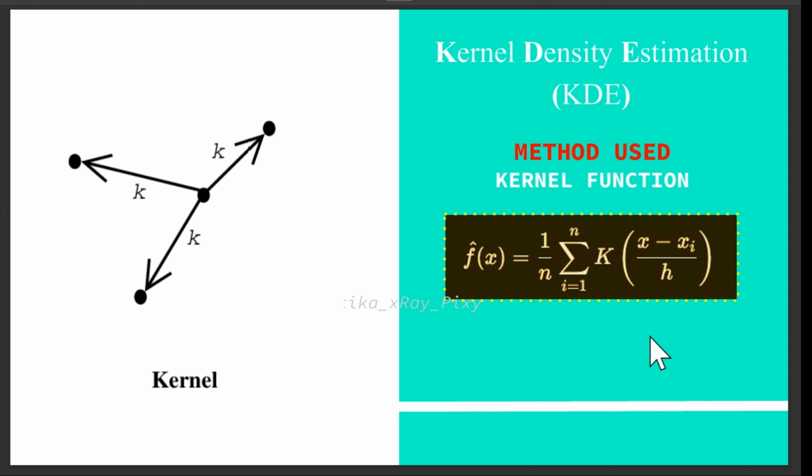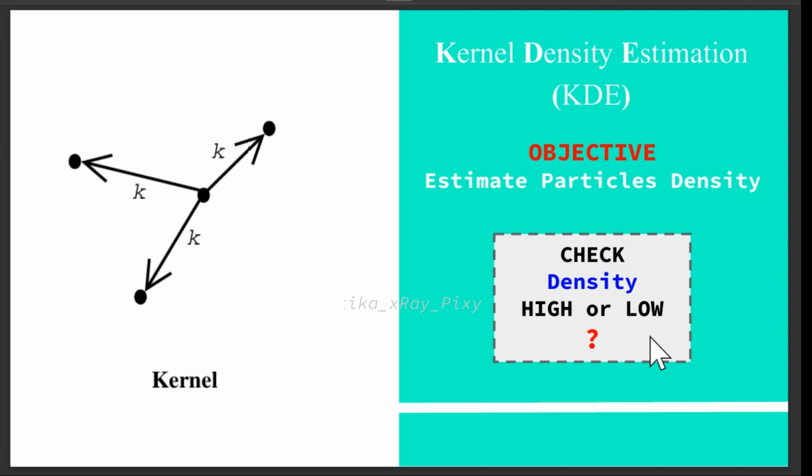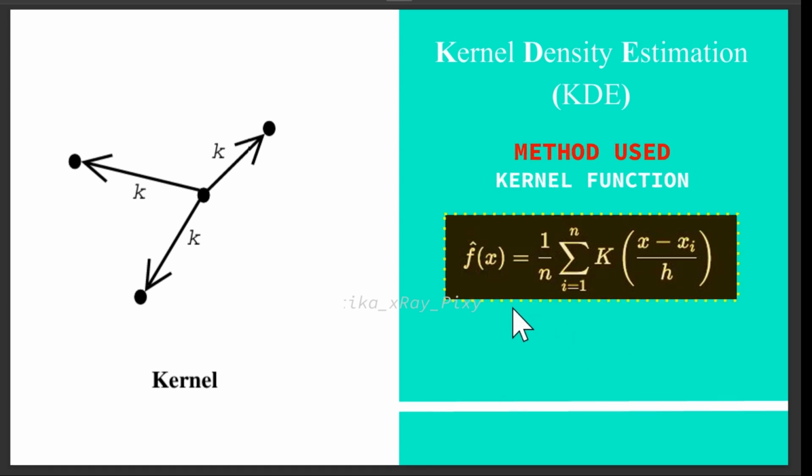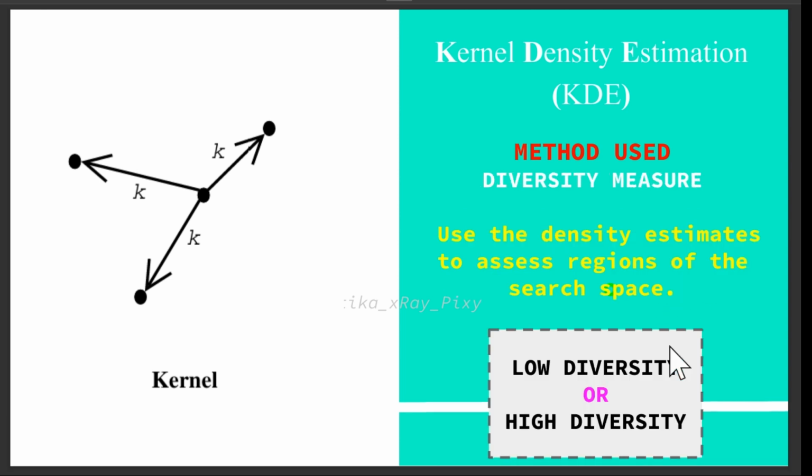We are using a kernel function, the Gaussian, to smooth the density estimate. For each particle, we will compute using this. K is the kernel function, H is the bandwidth, that is the smoothing parameter, N is the total number of particles.